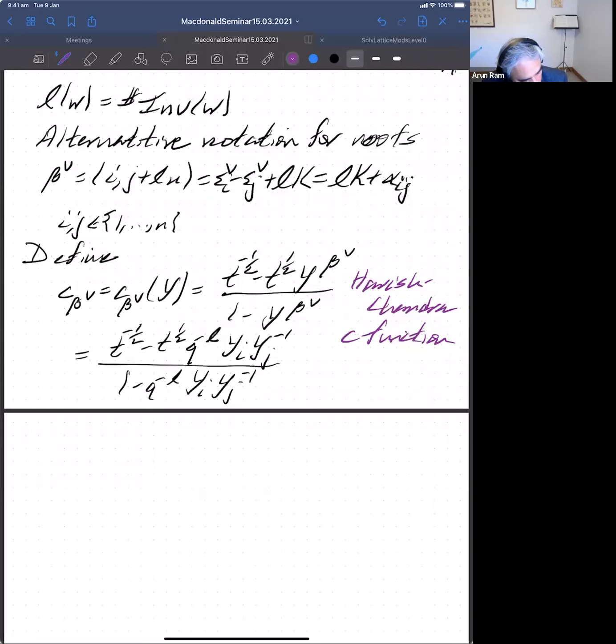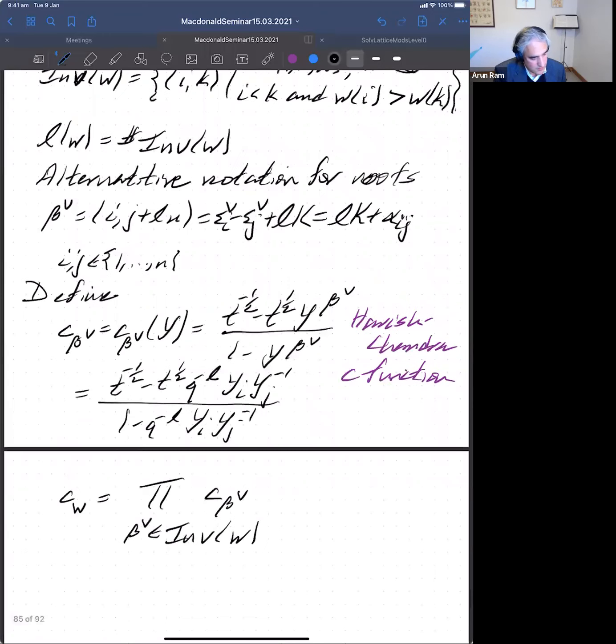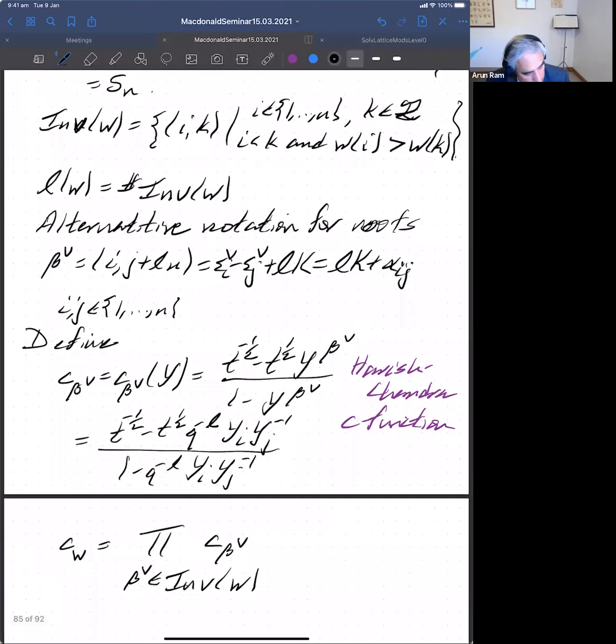And if I have a permutation or any element of the affine Weyl group, I can just take the product over the inversion set of the C beta checks. So let's see if we can review slightly our components here.